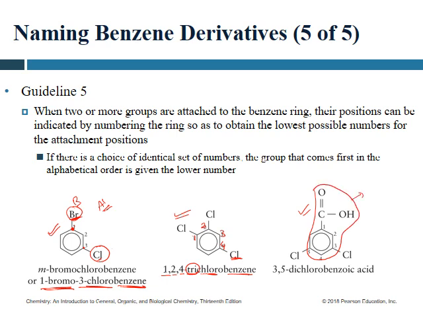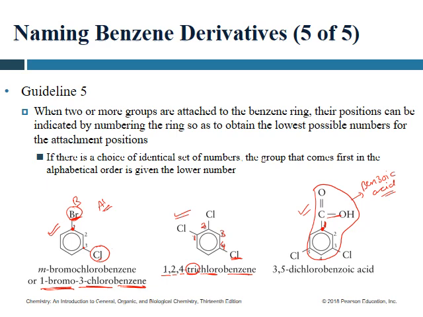And then the third example over here, we know what this one is. This is benzoic acid. We just learned in the previous slides that there are some common names for some particular benzene compounds. One of them is benzene with a carboxylic acid group attached to it. So the group that is attached to the benzene, we treat that carbon as number 1 carbon.